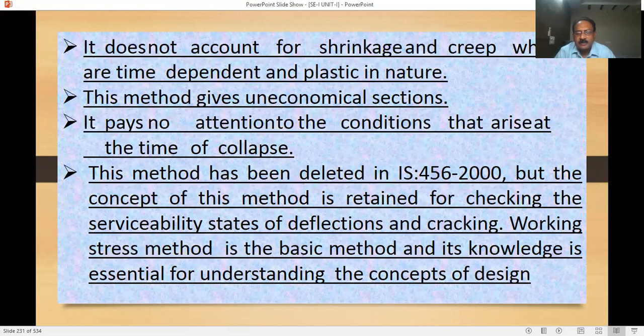That's why this method is deleted from IS 456:2000, but the concept of this method is retained for checking the serviceability states of deflection and cracking. Working stress method is the basic method and it is essential knowledge for understanding the concept of design.